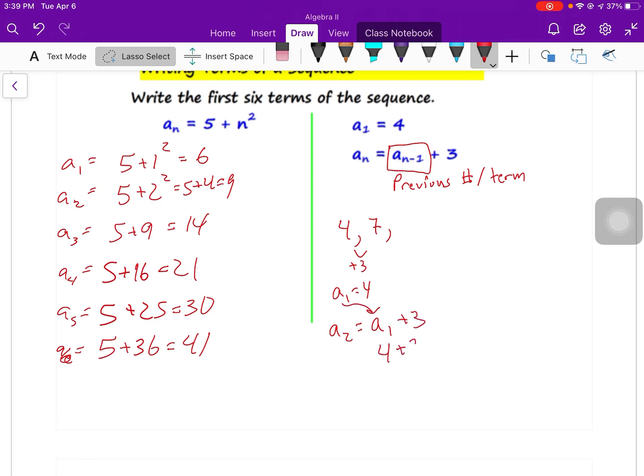So I'm going to take 4 and add 3 to it to get 7. Now to get the third number, I'm going to take the second number in my sequence and add 3 to it. So 7 plus 3, 10. Plus 3 is 13. Plus 3 is 16. Okay, and then finally 19. Okay, this works out nice, but let's say I want to get the 100th term, it's going to be a little bit more difficult to get it out of there.